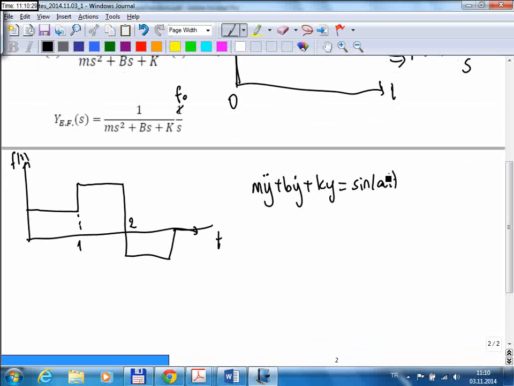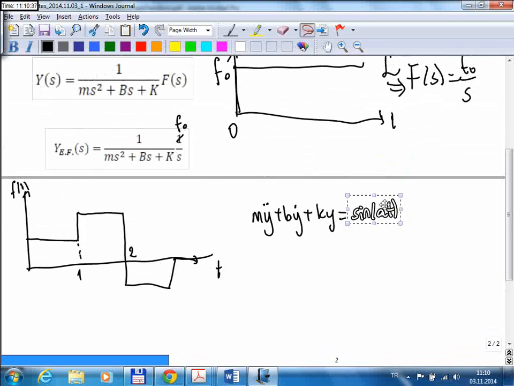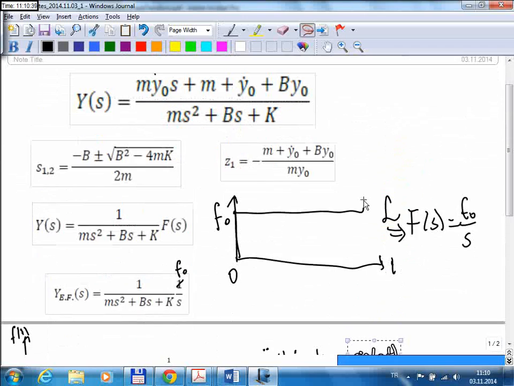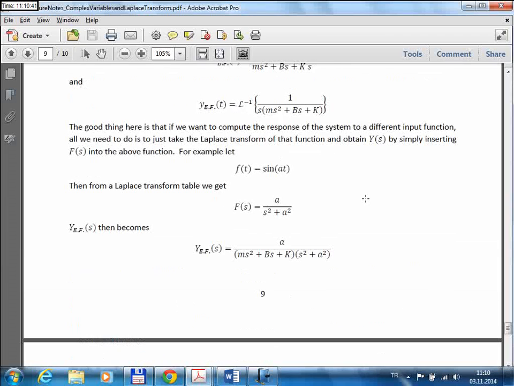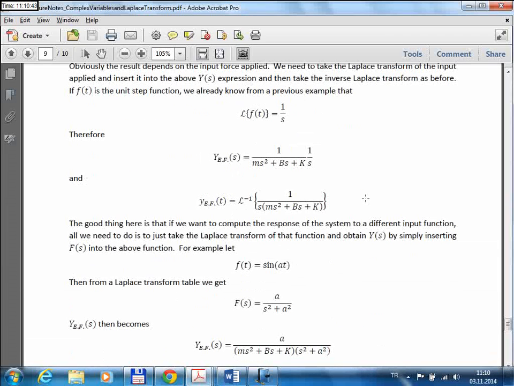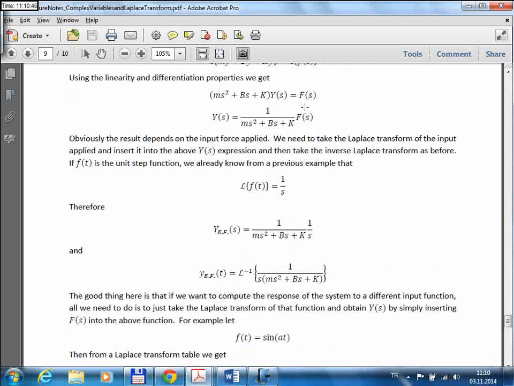But right now, all you have to do is find the transformation of this function and then put it in here, and that immediately gives you the response in S domain. You need to take the inverse transformation to go back to time domain.